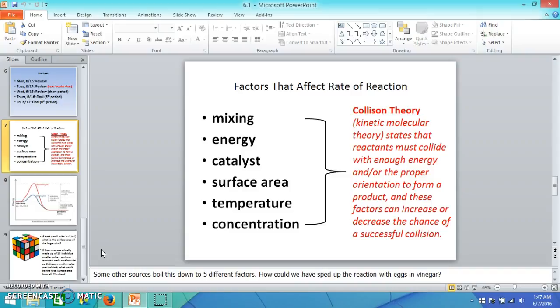The reverse or opposite is decomposition. If the formation of water is exothermic, what's the opposite of that? The opposite is endothermic. So that's what I wanted you to take away from learning target 7, that reactions are often reversible, and when you look at the reverse reaction, things are opposite.